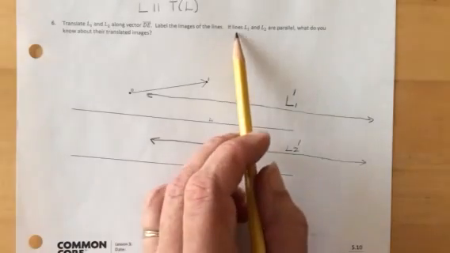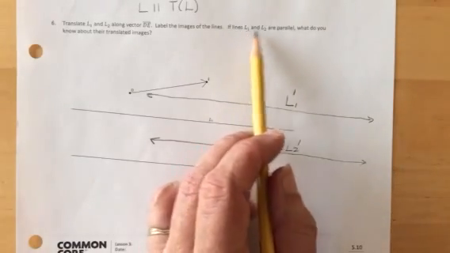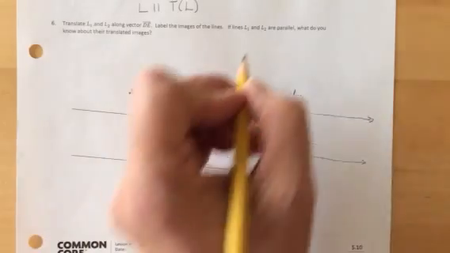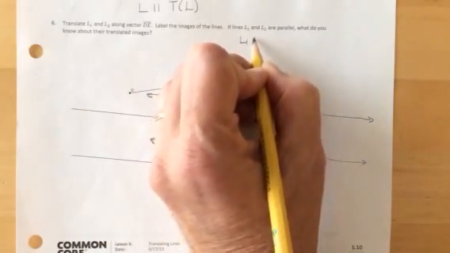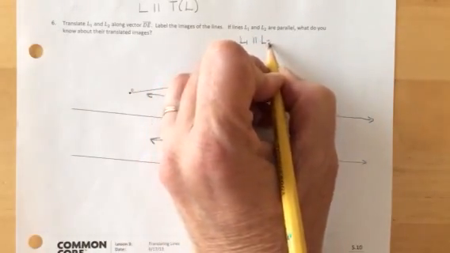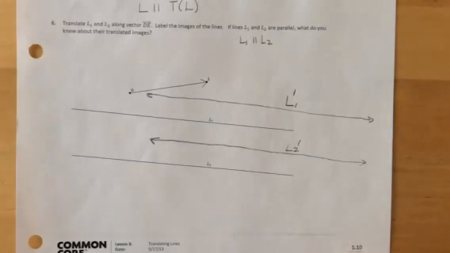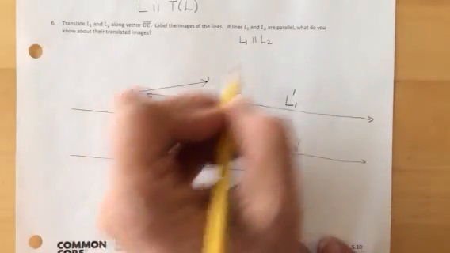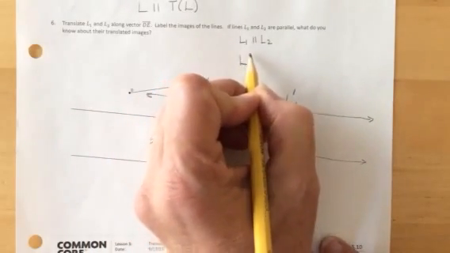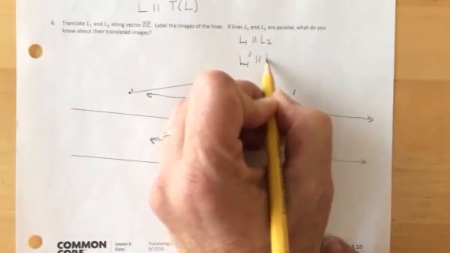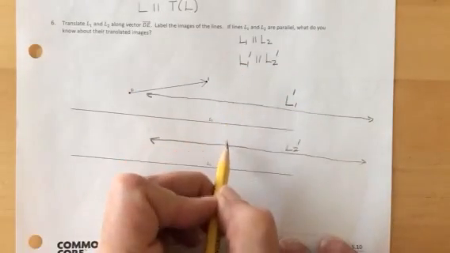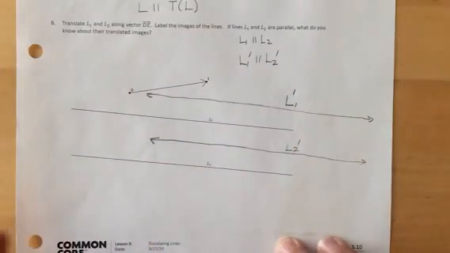And if lines L1 and L2 are parallel, so we're told if L1 is parallel to L2, what do we know about the translated images? So what you might realize is that L1 prime is parallel to L2 prime. My images will also be parallel lines.